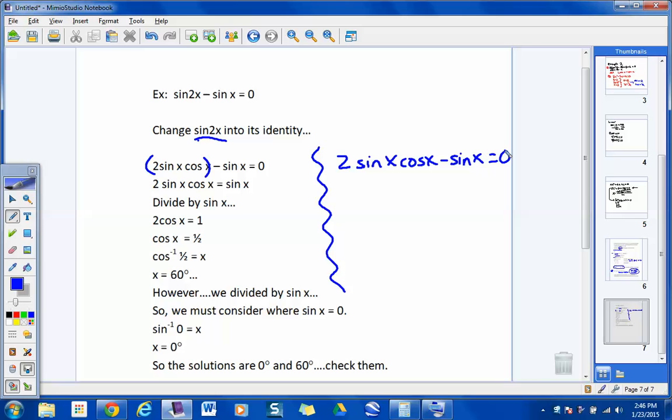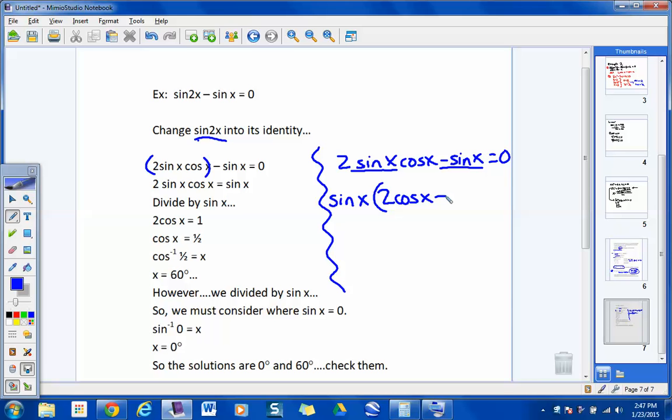0. Do you agree that I could factor a sine of x out of each part on the left side? So if I pull sine of x out of this first part, this will be sine of x times, here we go, if I divide it out of here, what's left? 2 cosine of x, right?